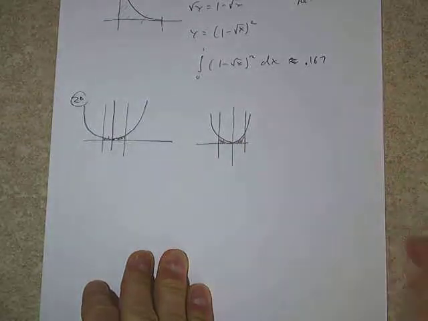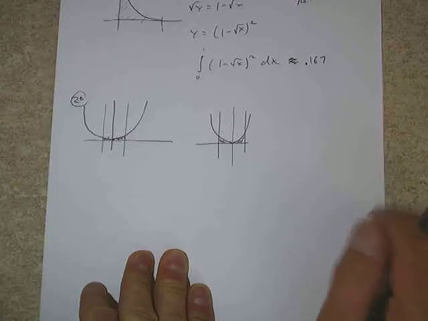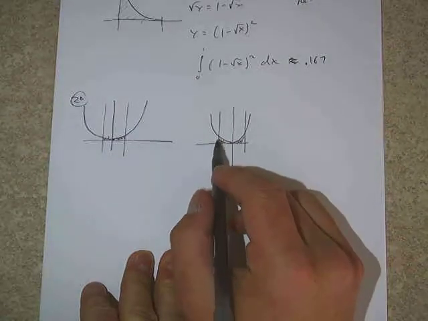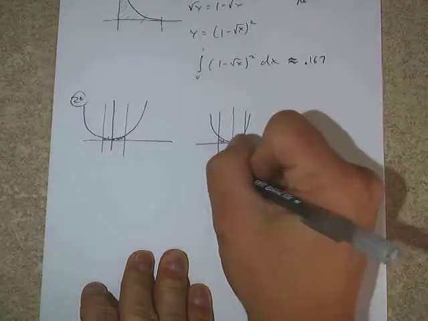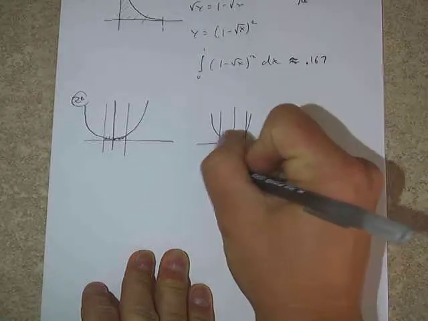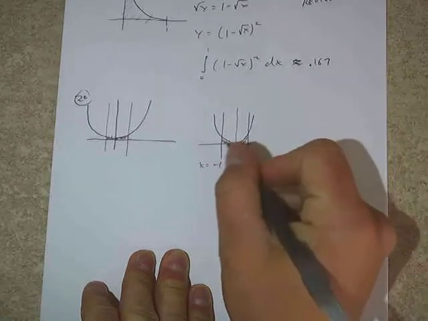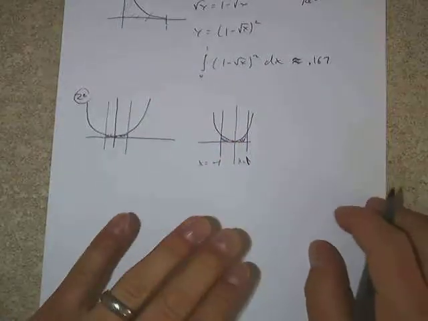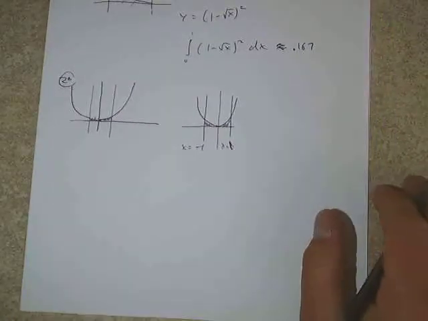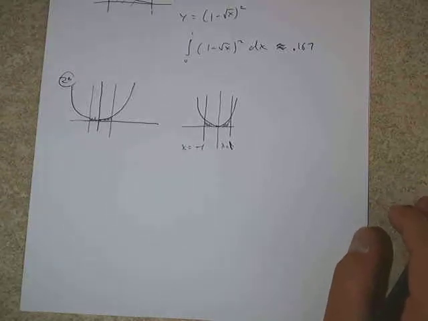Since 3x to the 4th is an even function, this also has symmetry, so if we found one of those, we can double it. Keep that in mind. The other two boundary lines are x equals negative 1 and x equals 1, so we're dealing with just that shaded region.